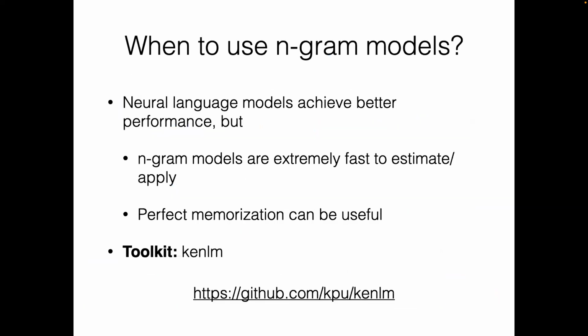Okay, so there's a question of when do we want to use these? As I said, you'll still see these come up. One thing is that they're extremely fast to estimate and to run. They're just like looking up these n-grams. And sometimes they're kind of perfect memorization, so they're just based on counting things that occur in the data.